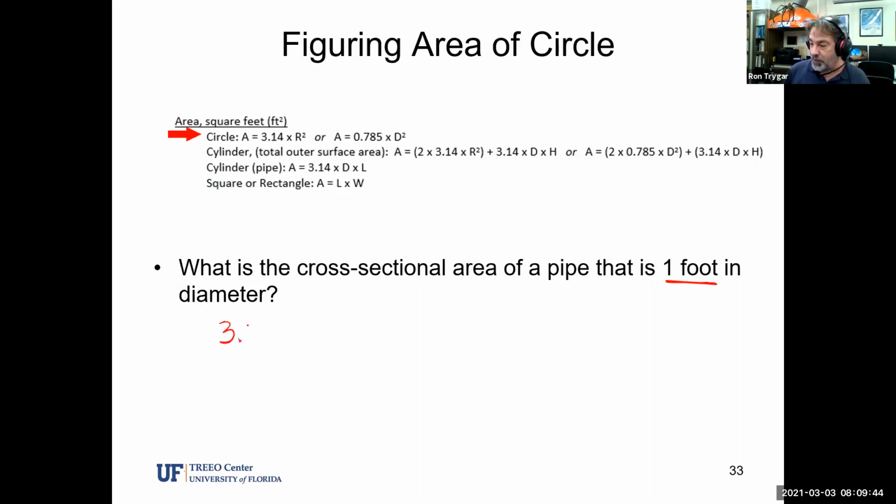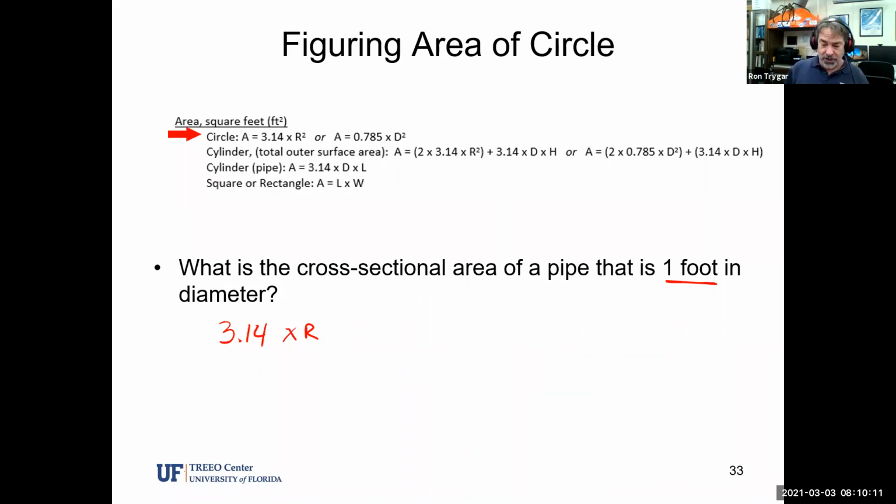So I have 3.14 times the radius squared. If the diameter is 1 foot, what would the radius be then? We need that radius to be half of 1 foot. So how do we calculate half of 1 foot? We would take 1 and divide that by 2, because there's 2 halves in a whole.